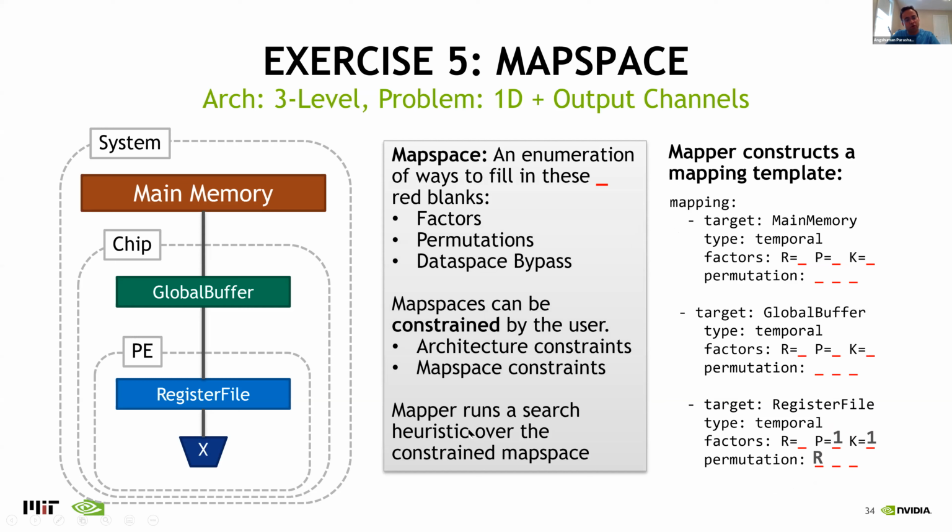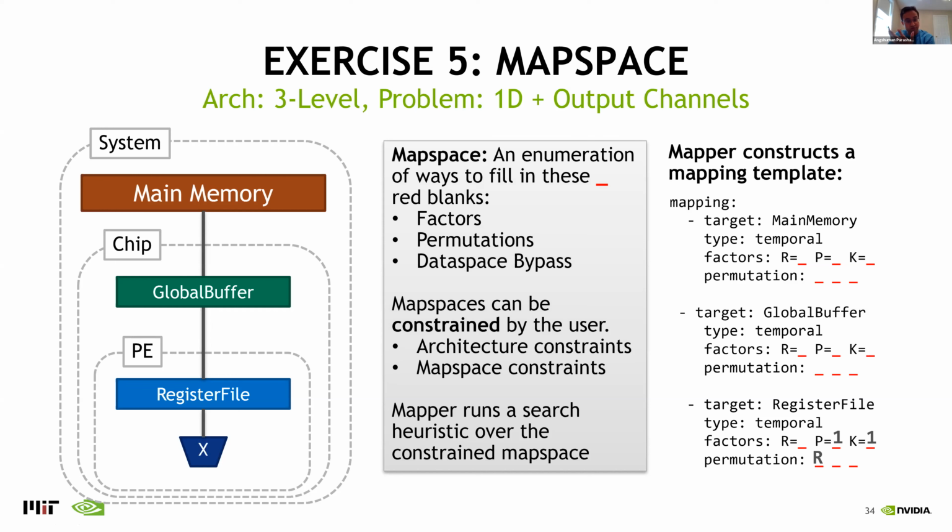And I've sort of alluded to this. Given a constrained map space, the mapper is going to run a heuristic search over this constrained map space in an attempt to find an optimal mapping. And for each mapping that the mapper finds, it probes the model and uses it as a cost model to tell it what the cost of that mapping is. And the model will emit a variety of statistics, right?